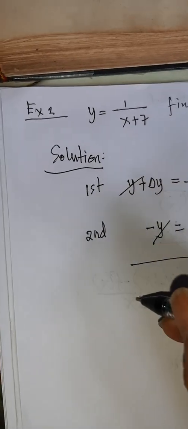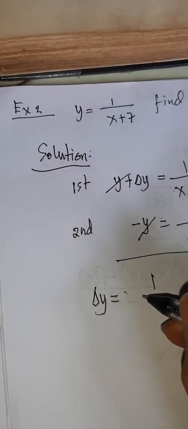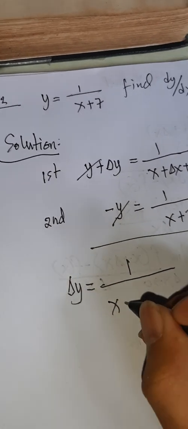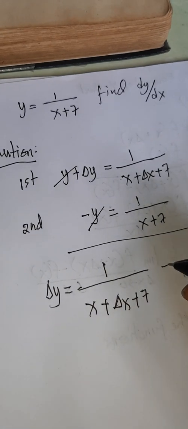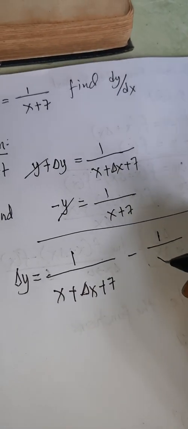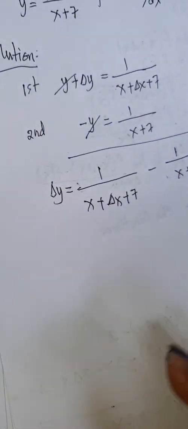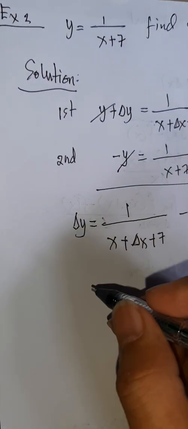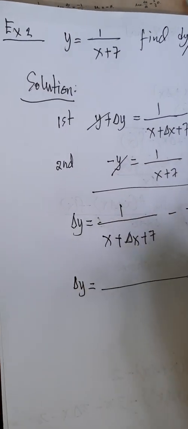Kakancel na ito, matitira delta y is equal to the difference of these two fractions. And since nag-involve ng fraction, kunin natin yung LCD ng yung nasa kabilang side para ma-subtract.